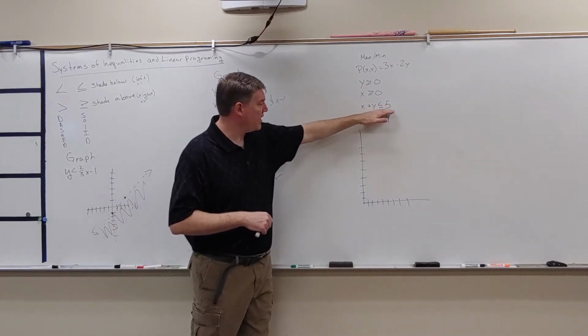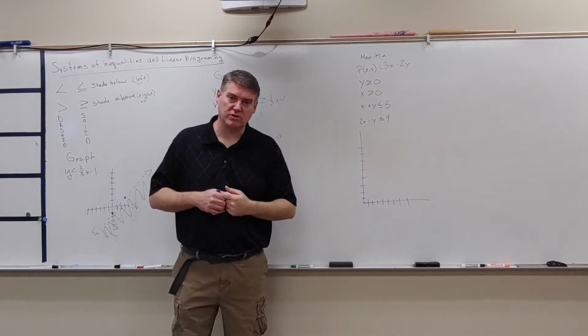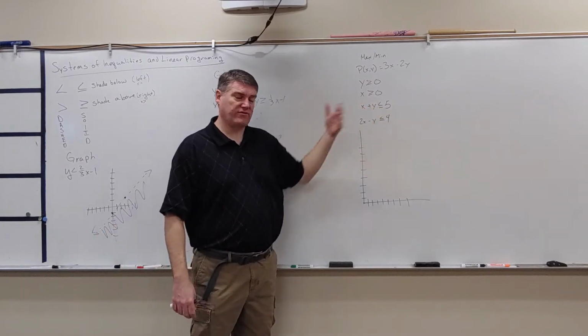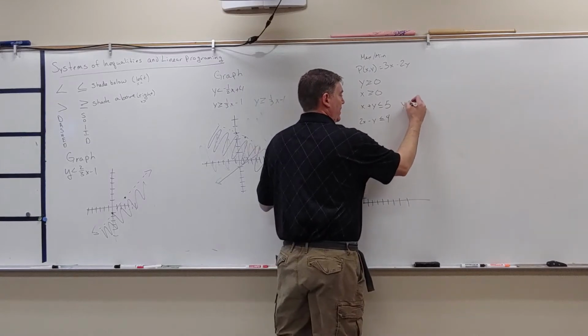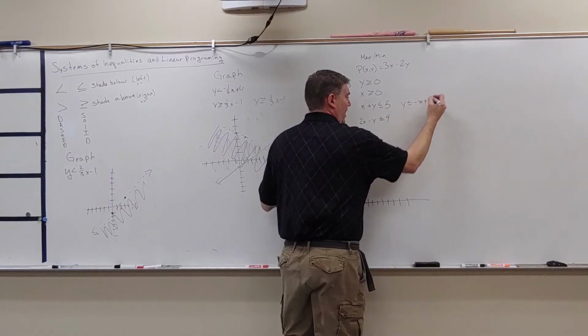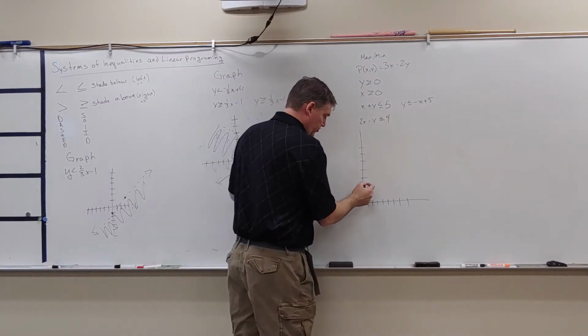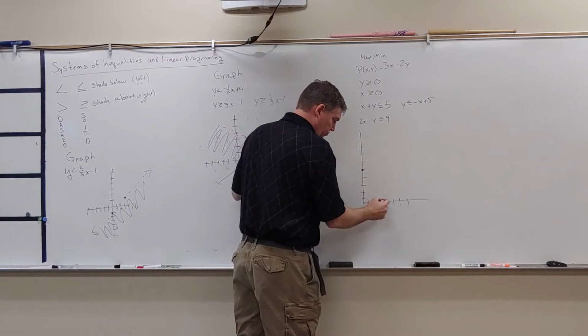Now, here's my next one. Well, I have x plus y is less than or equal to 5. Most of us don't like graphing in this form, so go ahead and convert it. So y is less than or equal to negative x plus 5. So I'm going to go ahead and graph that. I'm going to go up 5, 1, 2, 3, 4, 5. I'm down 1 over 1, 1, 2, 3, 4, 5.